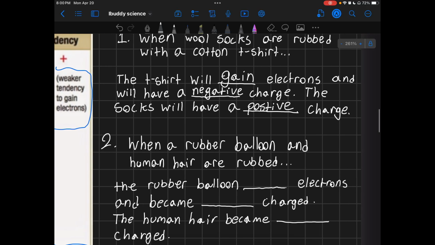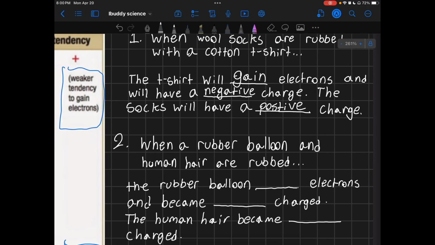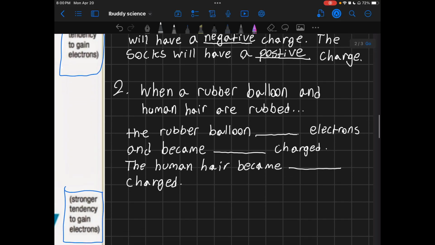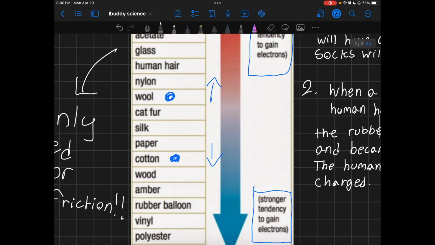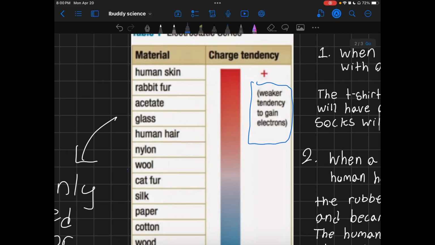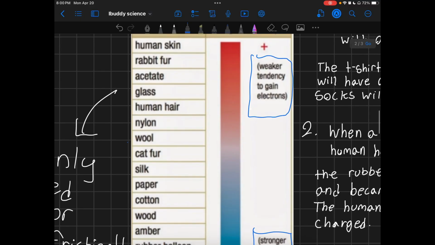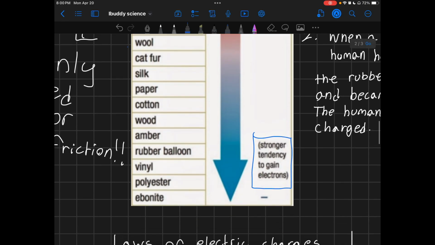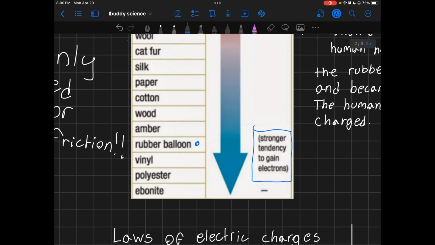Now we have another case, when a rubber balloon and human hair are rubbed. Let's find the rubber balloon and human hair on the chart. Almost at the very top, we have human hair, and the rubber balloon we have nearly at the bottom.